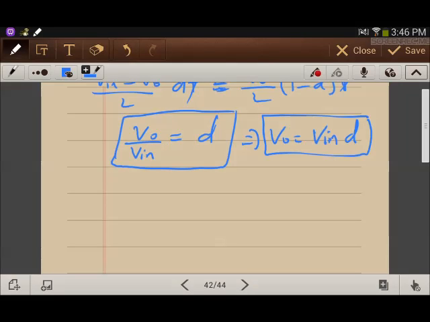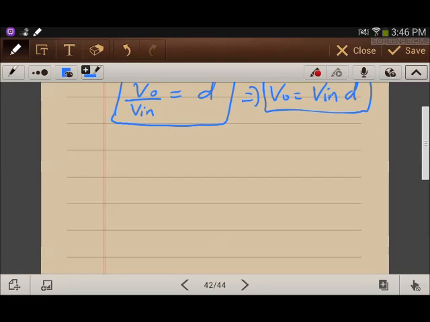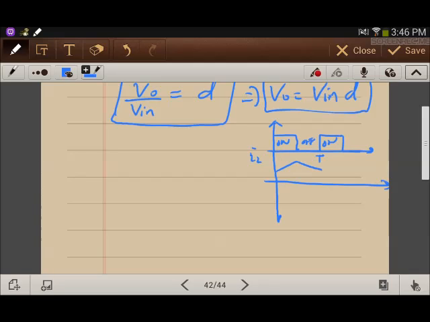Now, if I want to find the average value of the current, as we said, if this is the switching frequency of this converter, the current IL is going to be like that, increasing, decreasing, increasing, decreasing.